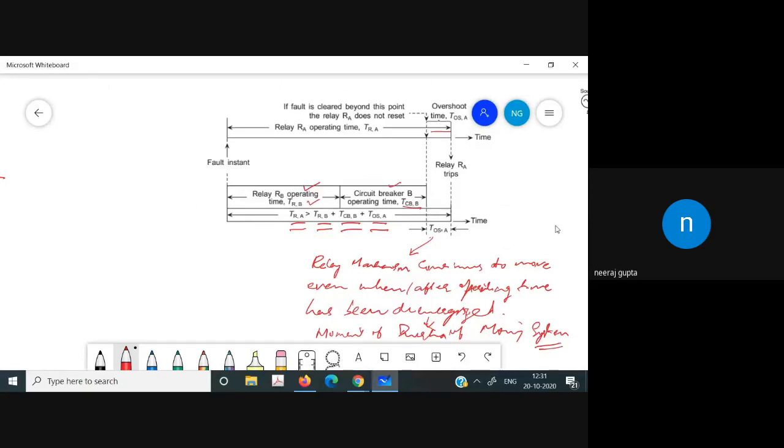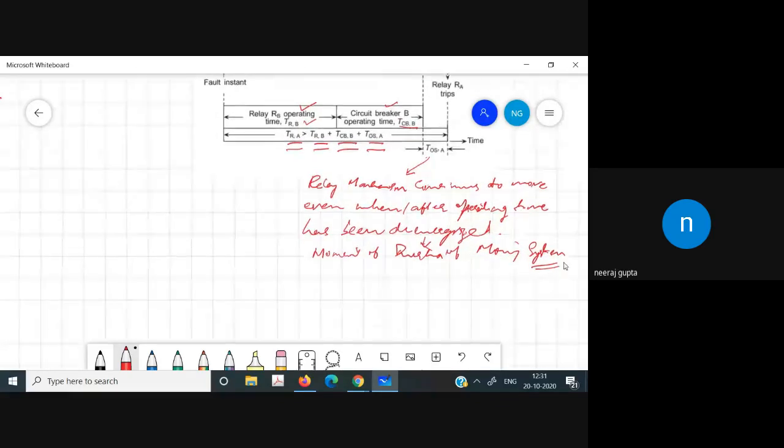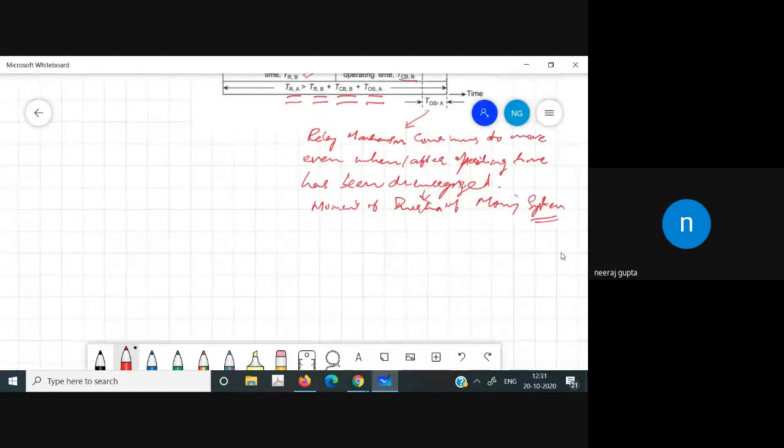Now, in the light of the above discussion, we can say that the correct procedure is to start designing, or setting, the relay from the tail end of the feeder, because in that case the time is least.